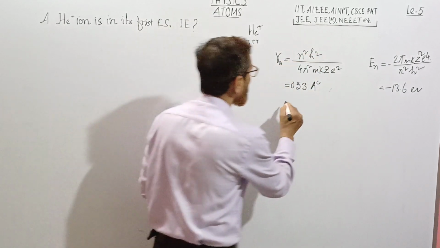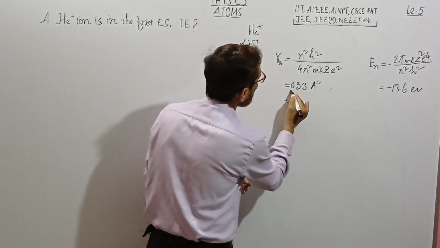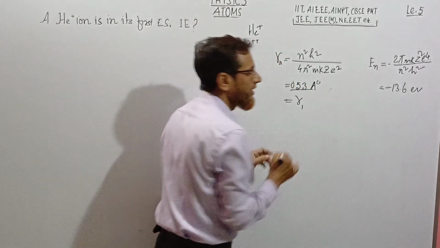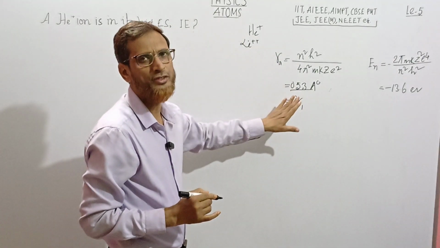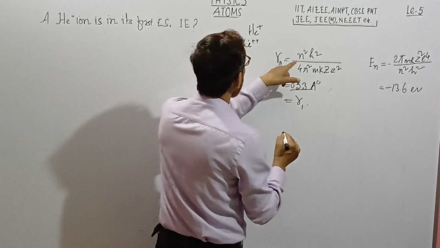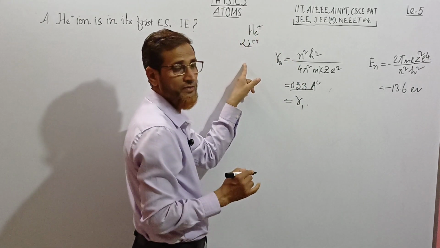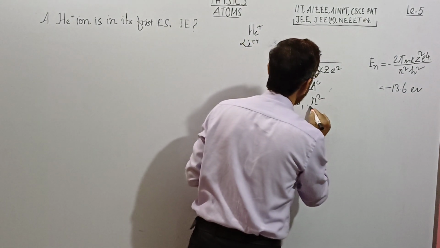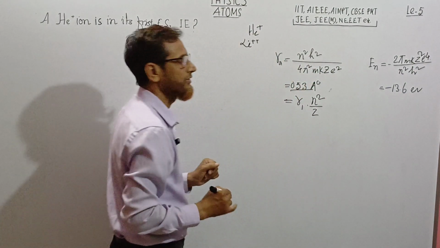So we need to concise the formula. Either we can write this as 0.53 or we can write R1, the Bohr orbit. It is fixed and known to us. Then in its place, if it is helium or lithium, we keep n as it is and z as it is.